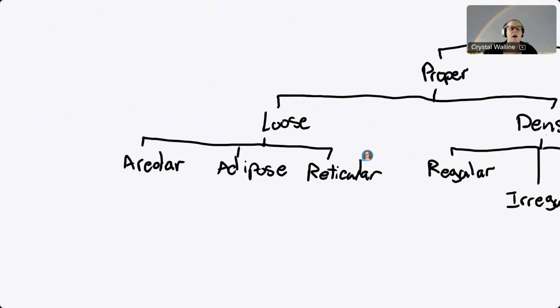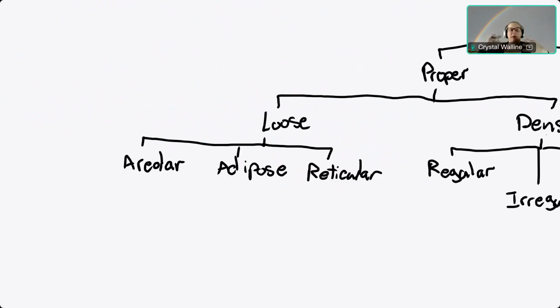Okay, these are all examples of proper connective tissues that have these extracellular matrix proteins arranged in a loose way, meaning they're not tightly packed together.